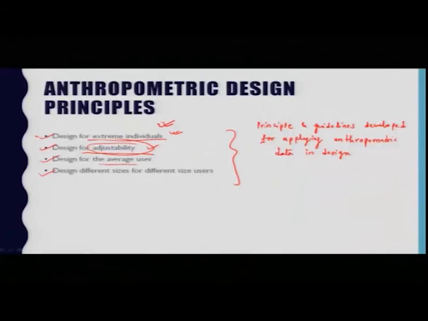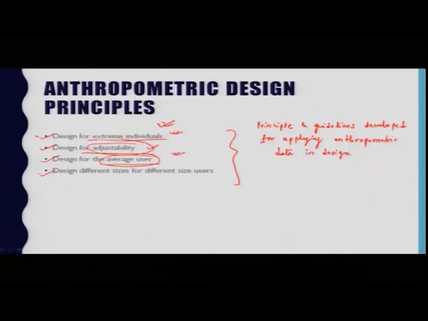As far as design for the average user is concerned, as an example you can take persons aged, let us say, 25 to 45, where the body posture does not change so much.